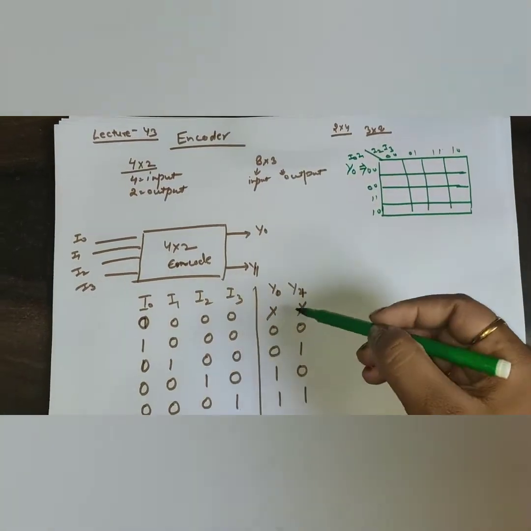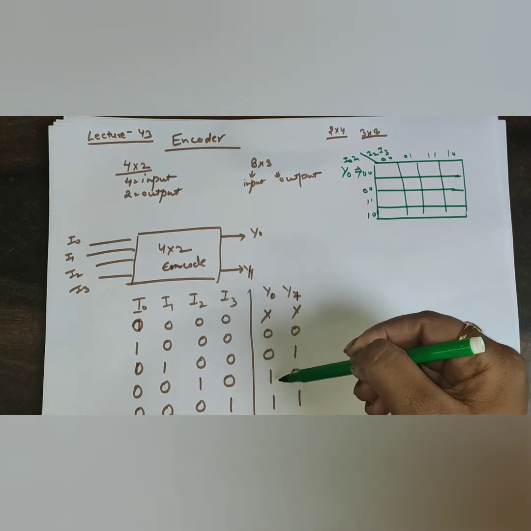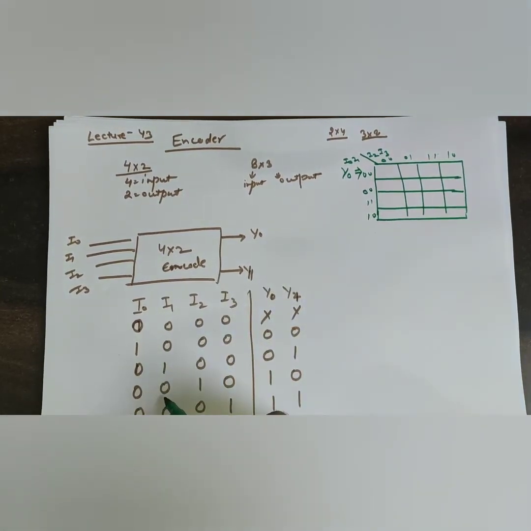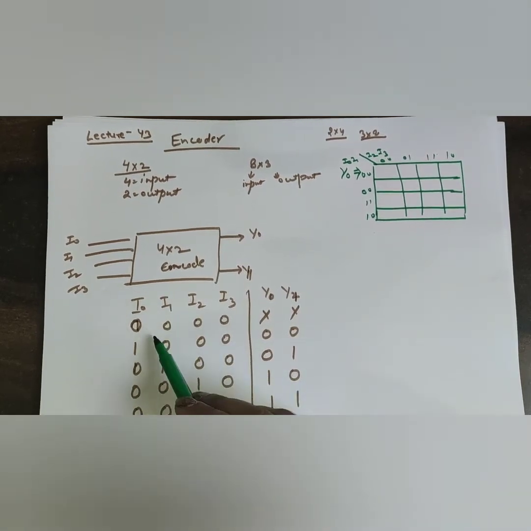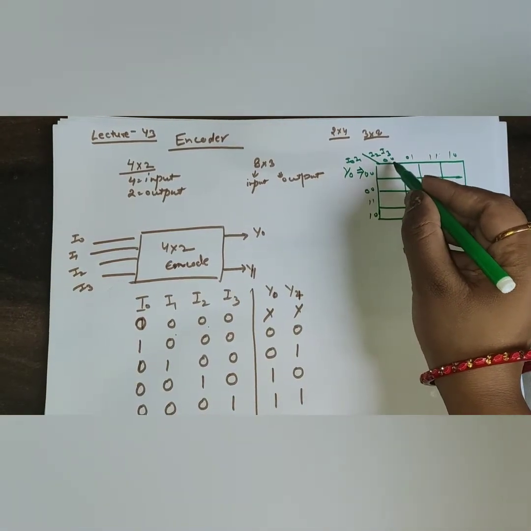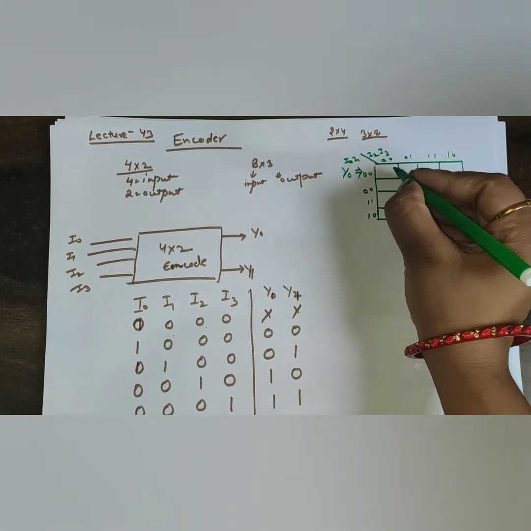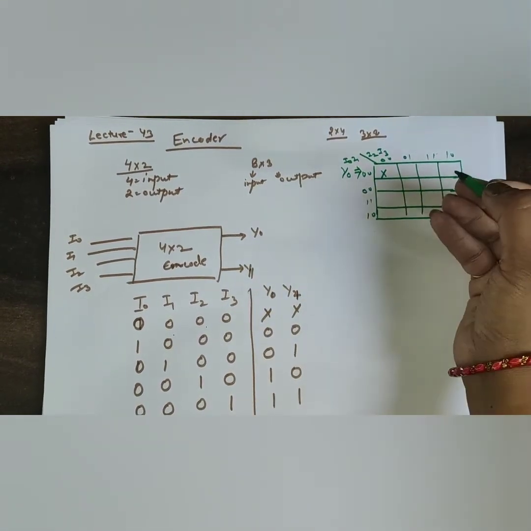It is for Y0. You can check Y0 is 1 only when I0 I1 is 0 0 and I2 I3 is 1 0 and 0 1. Here you can check when I1 I2 I3 are in the 0 0 conditions, there will be don't care, Y1 will be don't care.